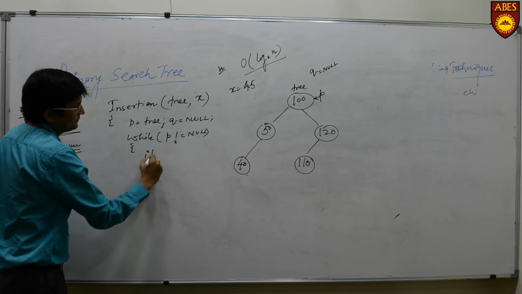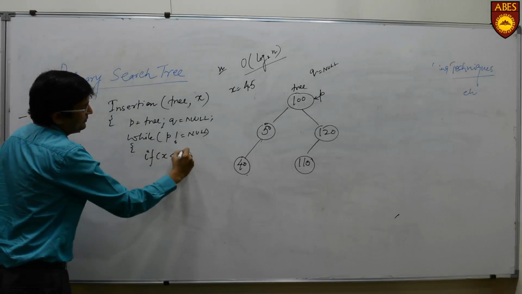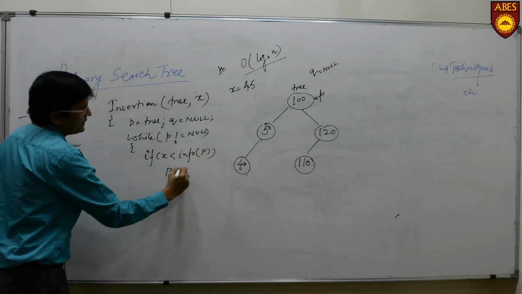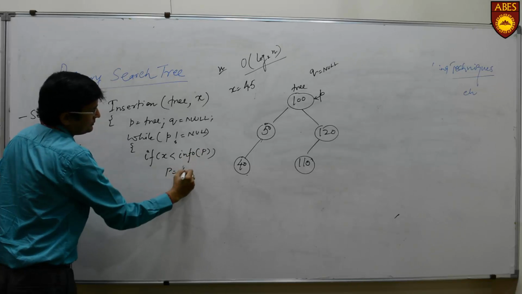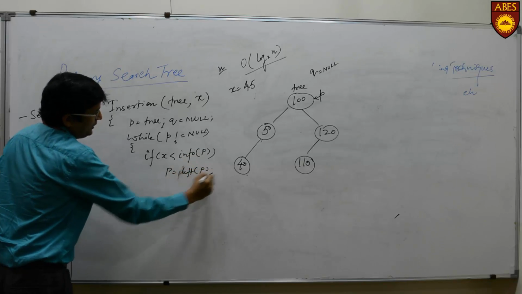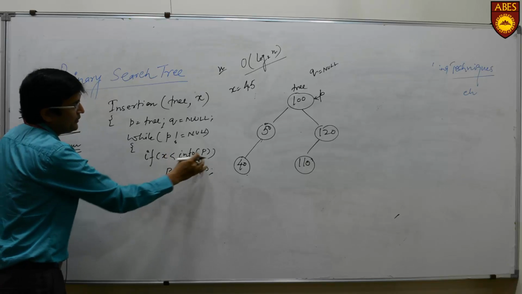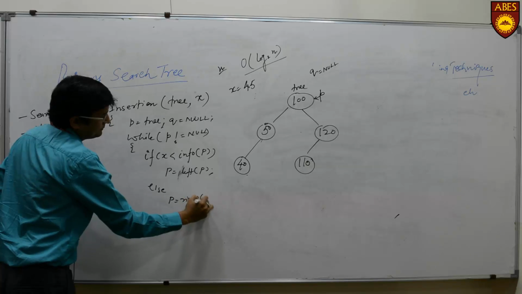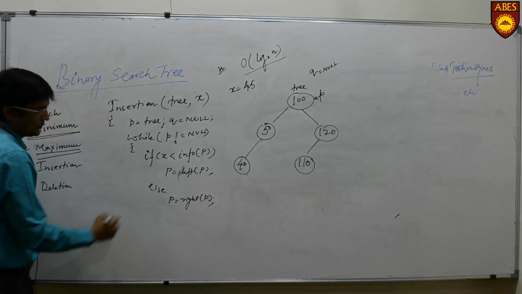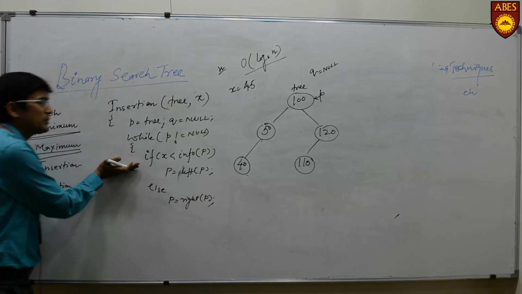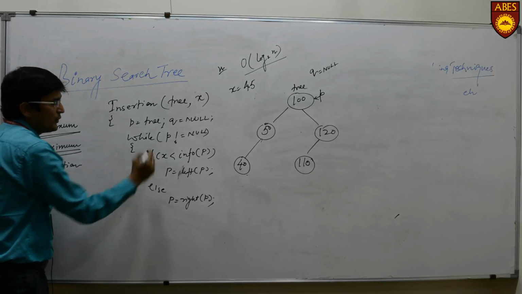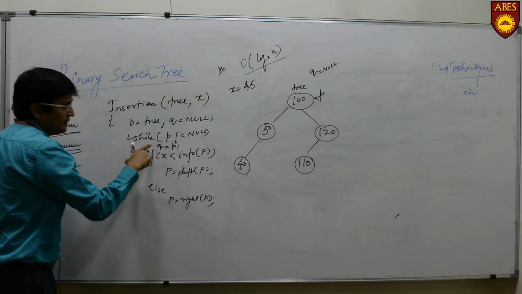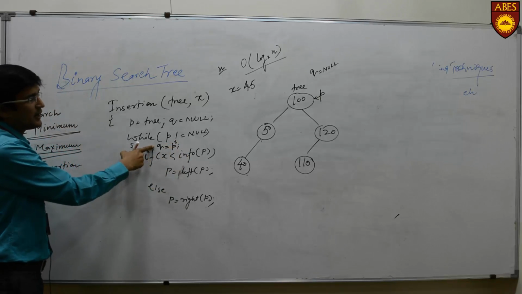If X is less than the data element of P, we will move towards the left. And if X is greater than the information of P, we will move towards the right. Whether we are going towards the left or the right, we have to downshift Q also. So we make Q as P. In this way, Q will always remain the father of P.